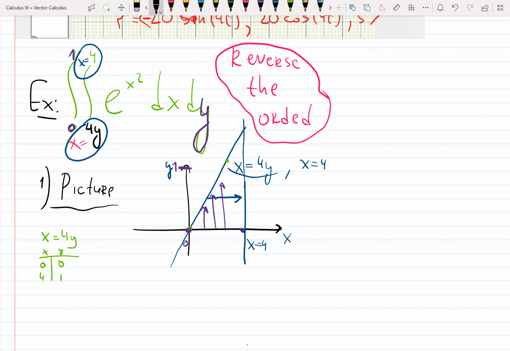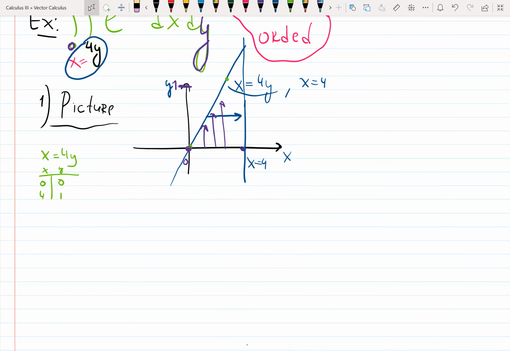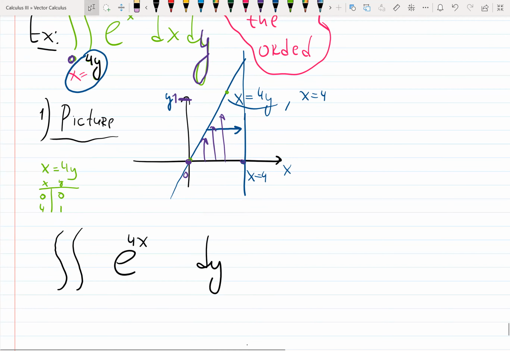Now we want to have the double integral with dy inside. Don't touch the e to the x squared. Y should be in terms of functions, and then x should be in terms of numbers. x will be easy because x is from 0 to 4.